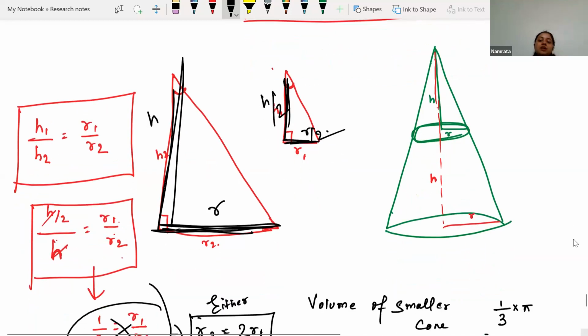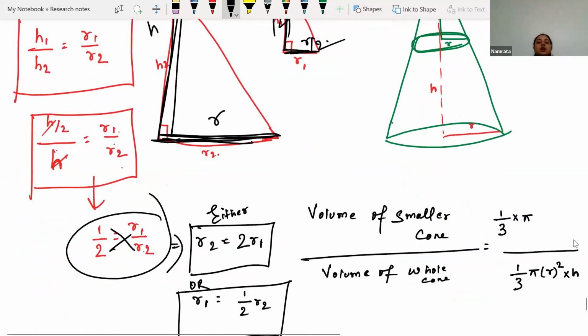So accordingly we are using the condition. For the smaller cone, 1/3 pi r square h, where the radius is half of the previous one and the height is half of the previous one. Is it clear to everyone?